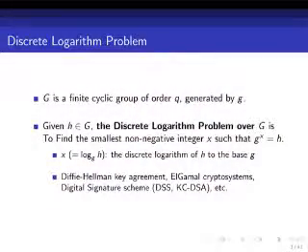Let me start by introducing the discrete logarithm problem first. Here we restrict G to be a finite cyclic group of order q generated by g, and then given an element h in G, the discrete logarithm problem over G is to find an integer, usually the smallest non-negative integer x, satisfying g^x = h. Then x is called the discrete logarithm of h to the base g.